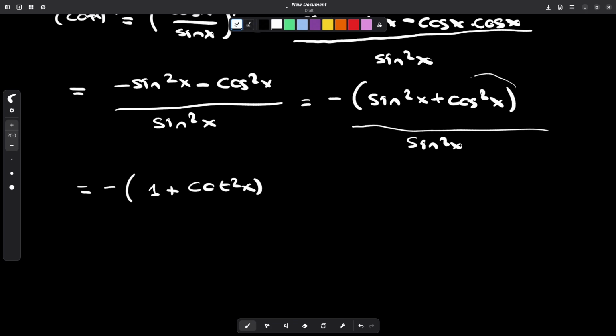Because of cosine squared x over sine squared x here. I have one more trigonometric form here. This is 1, right? Because sine squared x plus cosine squared x is 1. Again, negative 1 over sine squared x, which is equal to negative cosecant squared x.